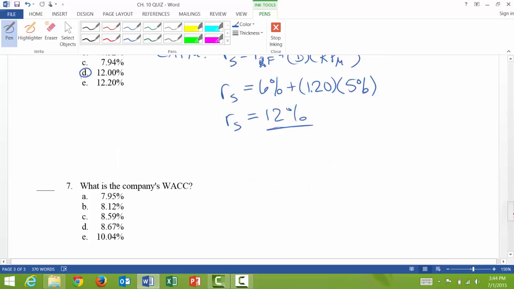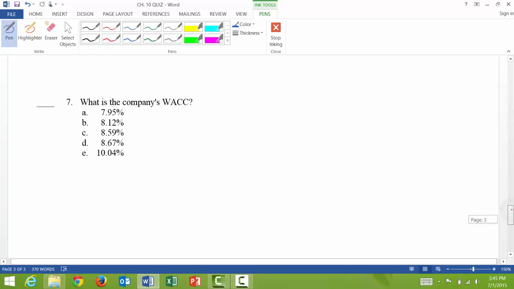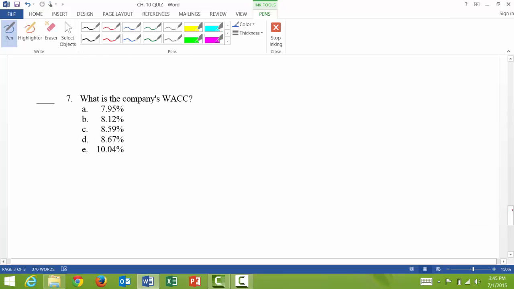And then the final question says, what is the company's weighted average cost of capital?